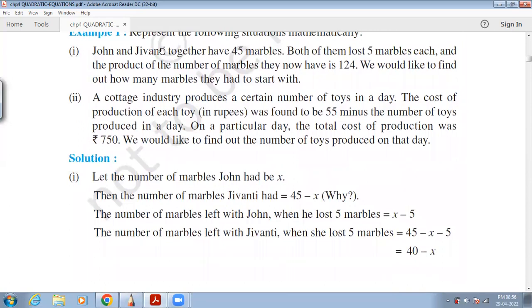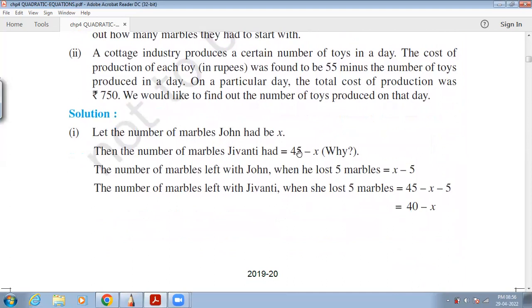Since the sum of both is 45, if one is x, then the other becomes 45 minus x. Now considering them both, you can find the equation. The number of marbles left with John when he lost 5 is x minus 5. And 45 minus x is the number of marbles Jivanti started with.